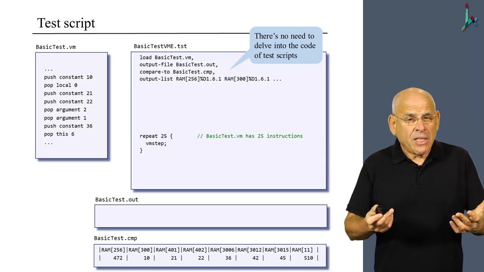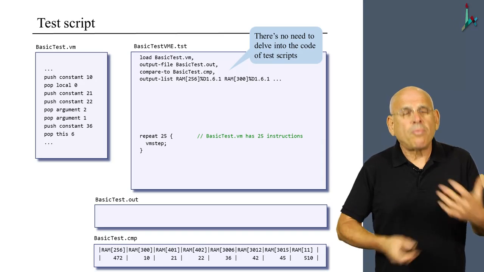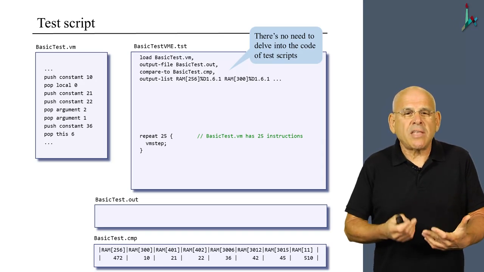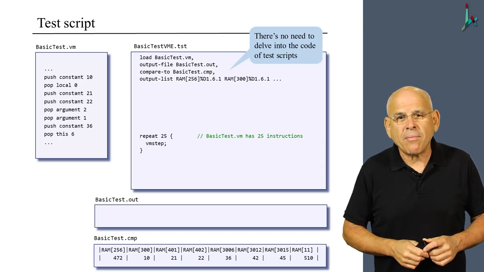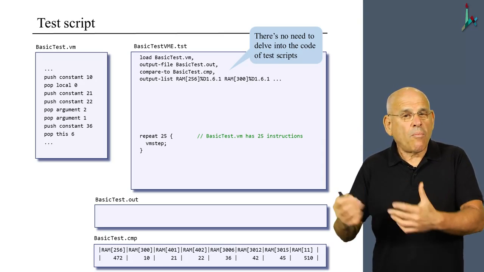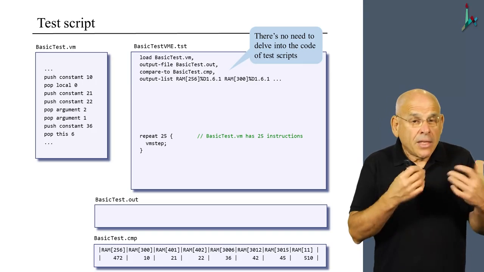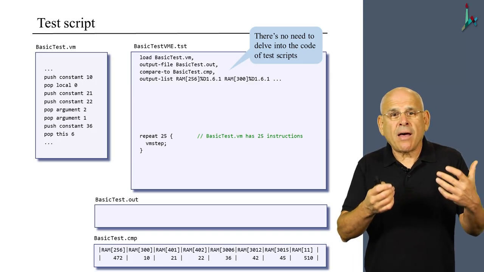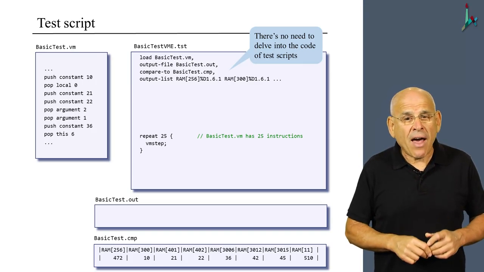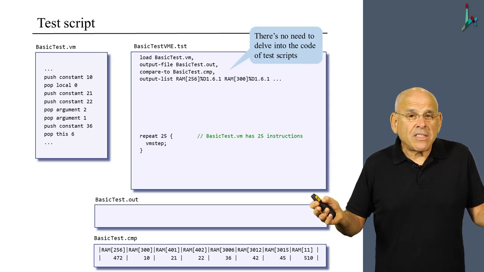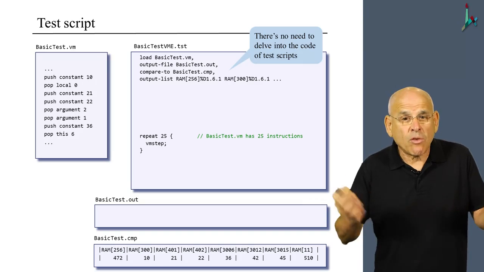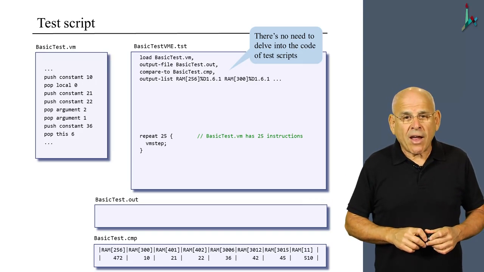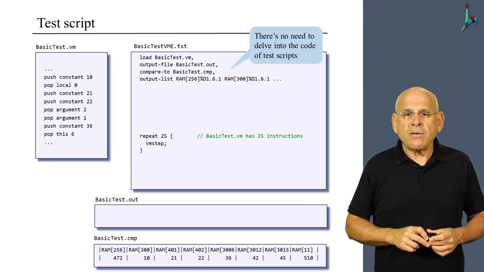And the next thing that we see in the test script is a loop that instructs the simulator to execute the program, one VM command at a time. In this particular case, in the case of the basic test.vm file, we have 25 instructions, so 25 iterations will be enough to carry out the execution of this code.